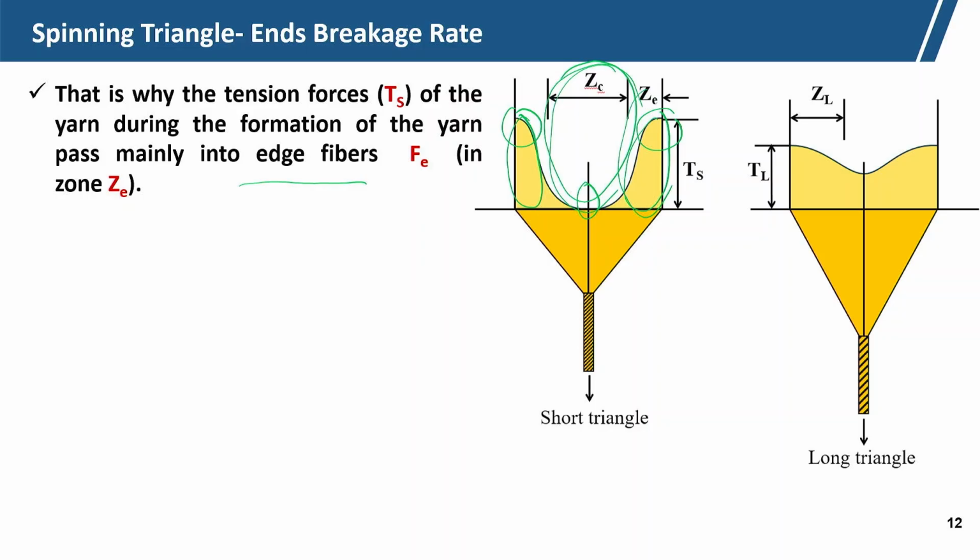So, there is unequal tension distribution among the fibers within the spinning zone for a short spinning triangle, but for a long spinning triangle the variation in tension distribution is a little bit lower.